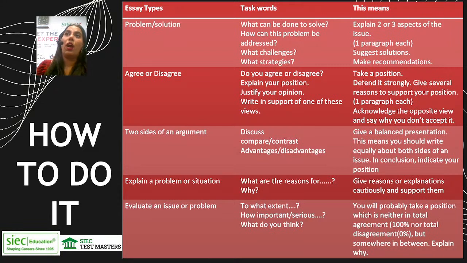For the students who are able to identify till 100%, it's a very good thing. If you are not able to do it, you do not have to beat yourself up for it, right? Keep it 70-30. So you need to take a proper position, whether it is a total agreement or a disagreement or somewhere in between, right? But you need to explain why.